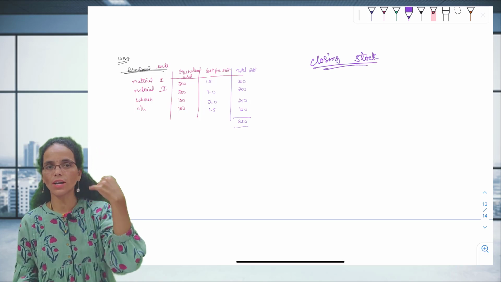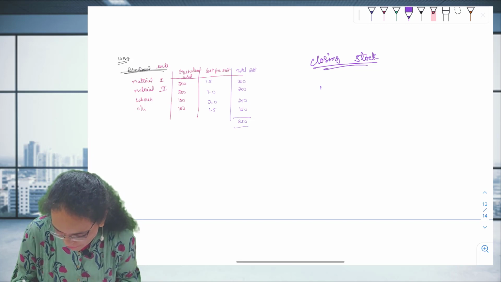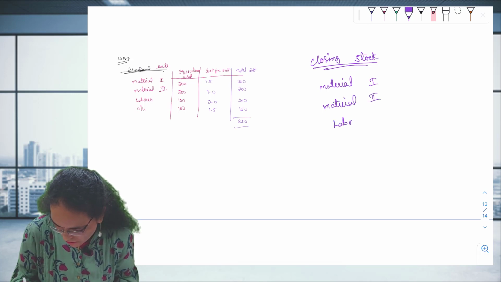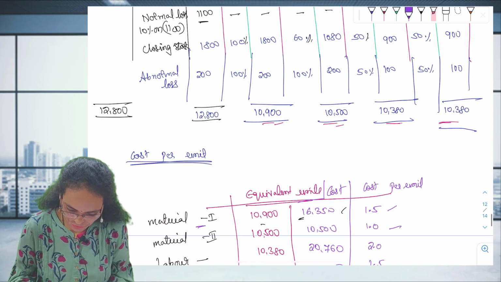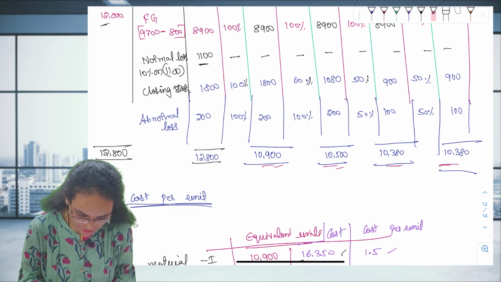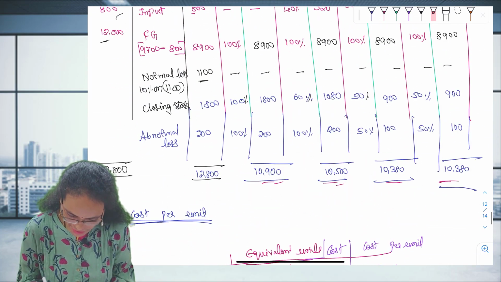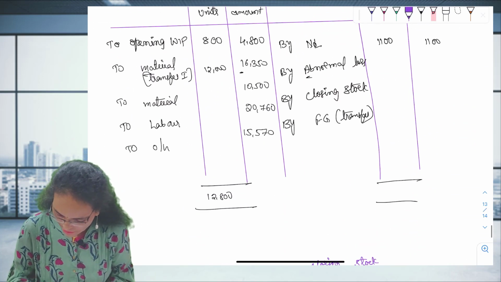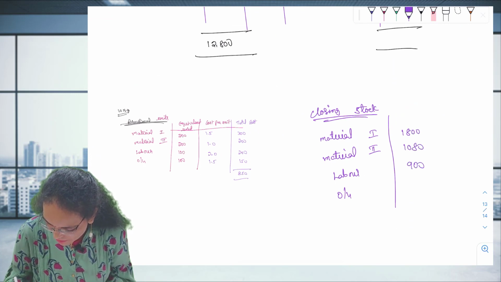Under closing stock again we have material 1, material 2, labor and overheads. How many equivalent units for closing stock? 1800, 1080, 900, 900.